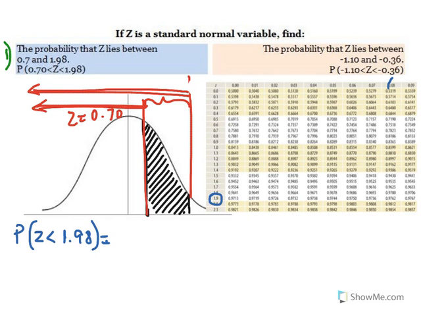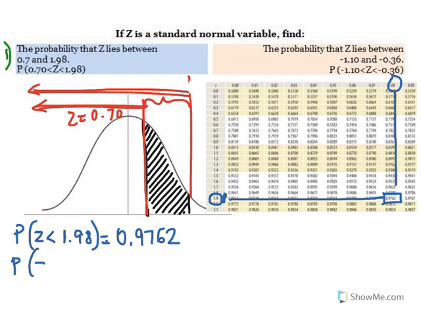Find 0.08, because that 8 will come here and be 1.98. Come down here, and then where these two meet, we're going to find that area. So that probability of z smaller than 1.98 is going to be 0.9762.